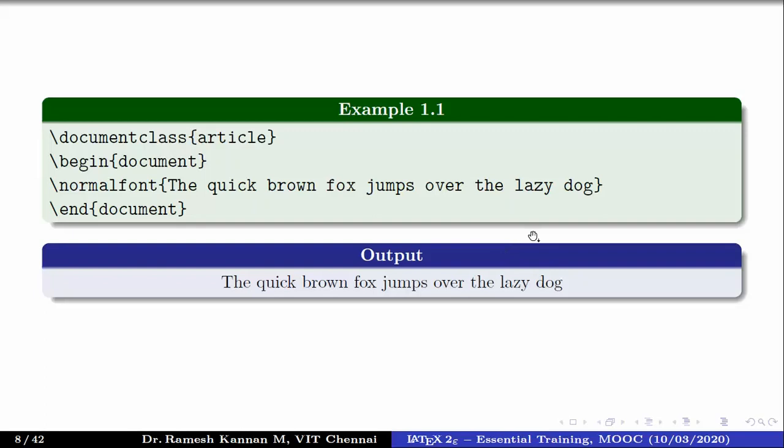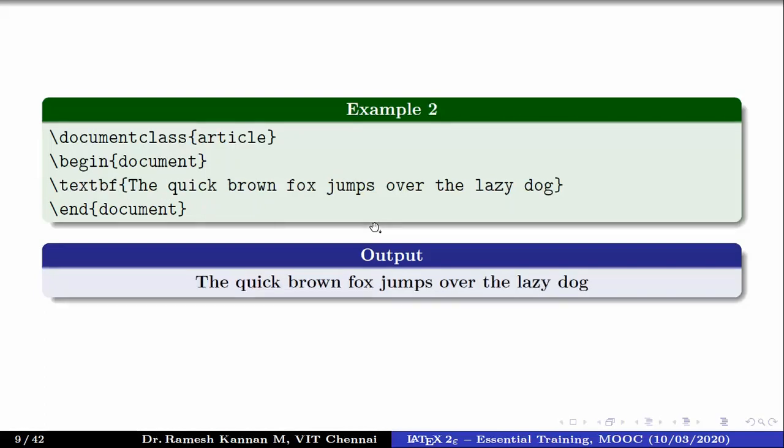So this is the basic application of the font types or font styles, but this being the normal, we don't have much variation without incorporating the font types or series.